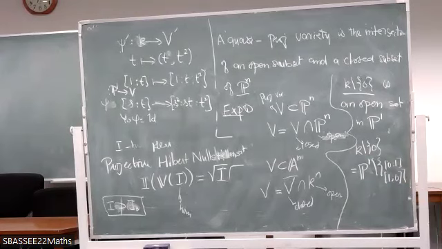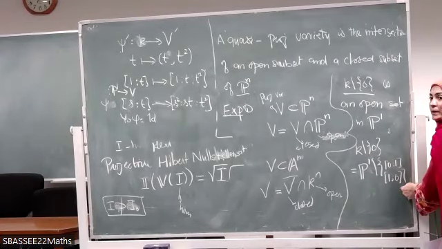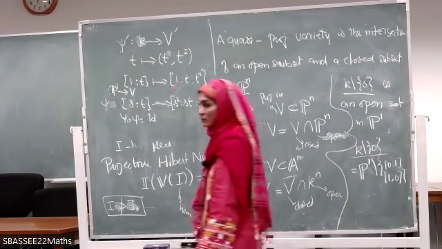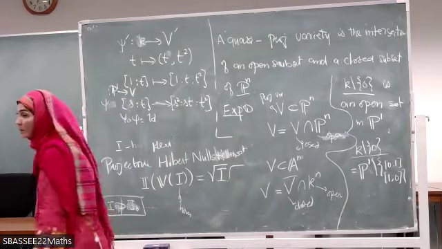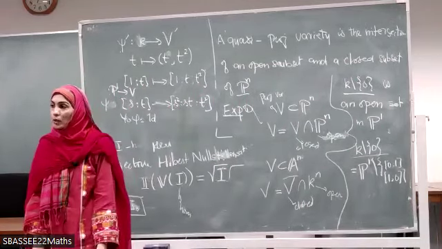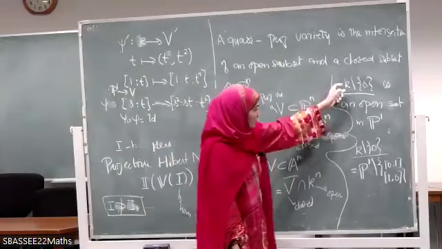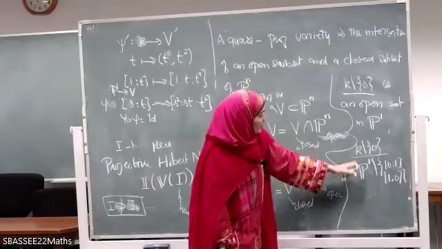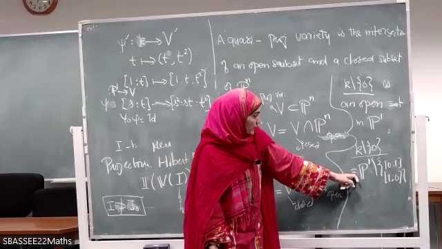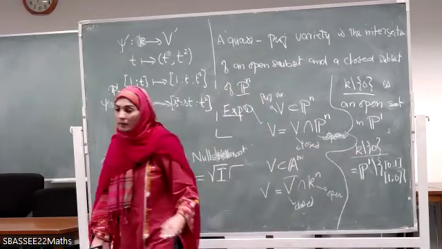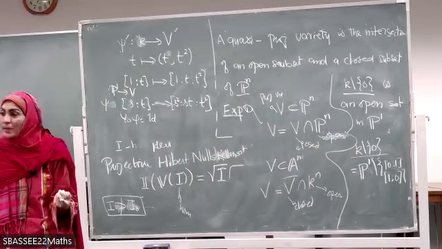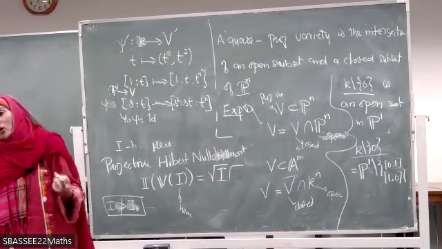Because every finite set here is closed, the complement is open, so that's why it is open. So ma'am, every projective variety is also a quasi-projective variety? Yes, we have shown that here, and every affine one too. But this is not an affine variety. It is an open subset of projective space, so it is neither a projective variety nor an affine one.